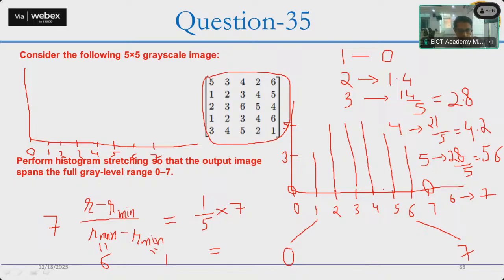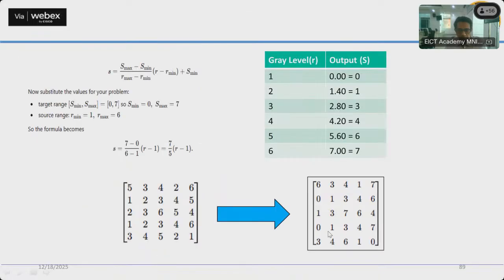So 0 is how many times it is there? 0 is basically 3 times. Are you getting it? Yeah. So I show you the answer also.